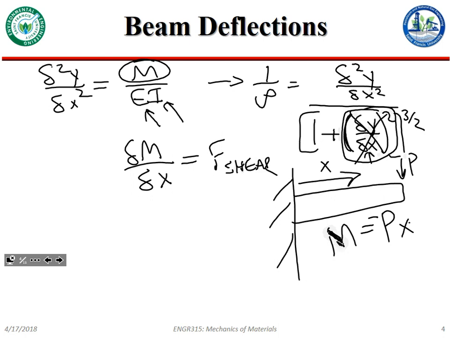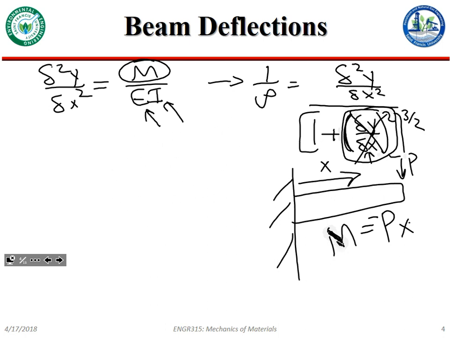So you can get an expression for M in terms of x, in terms of your position along the beam, substitute it in, and now we can integrate. Isn't it awesome? So let's work this out a little bit more.